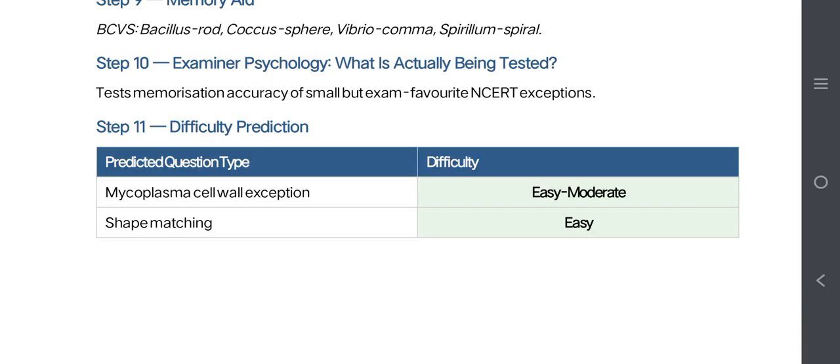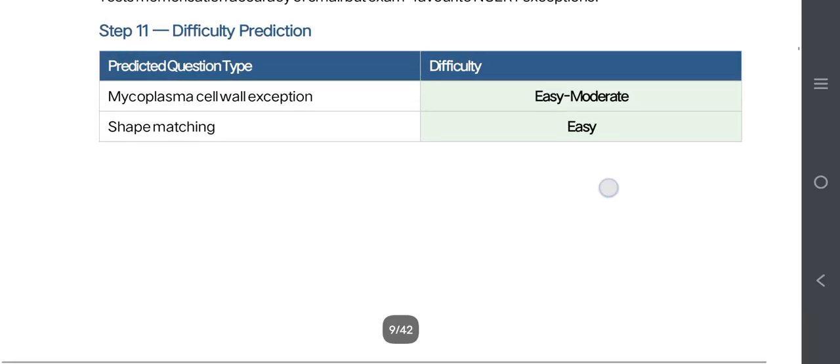So the tenth step is examiner psychology. What is actually being tested? It tests memorization accuracy of small but exam-favorite exceptions. The difficulty prediction is that mycoplasma cell wall absence is very easy to model.